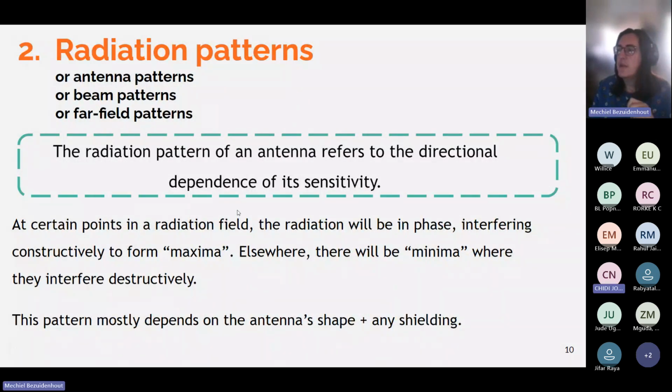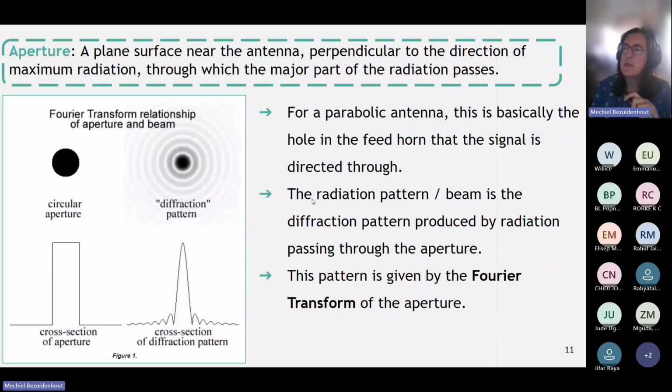And then a related concept that's also very important is the aperture of the antenna. So that's defined as a plane surface near the antenna, perpendicular to the direction of the maximum radiation, through which a major part of the radiation passes.